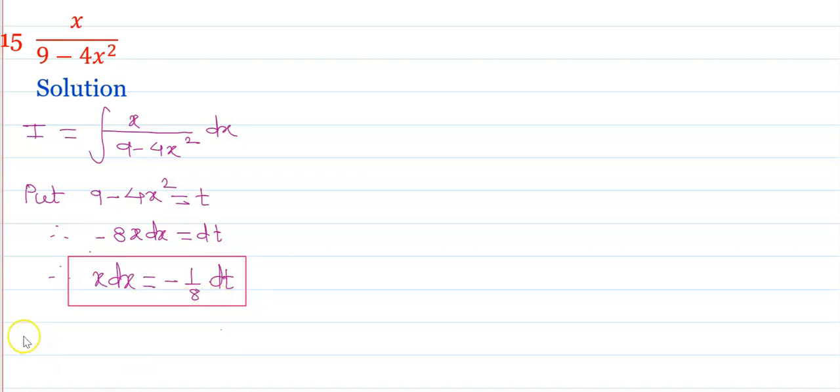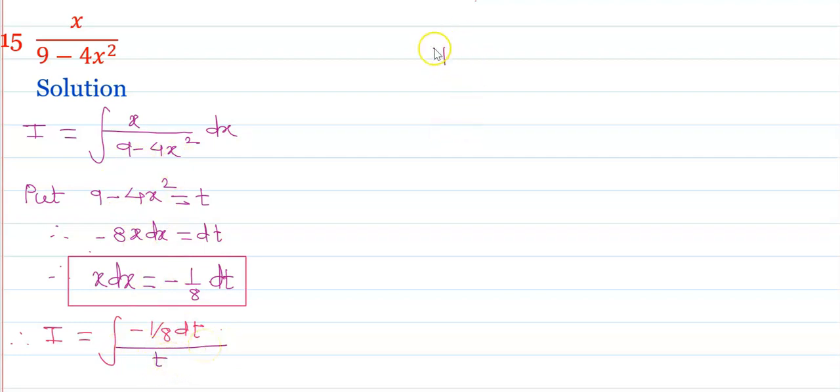Therefore, our integral I is equal to integral x into dx is minus 1 upon 8 into dt, and the denominator 9 minus 4x square is t.